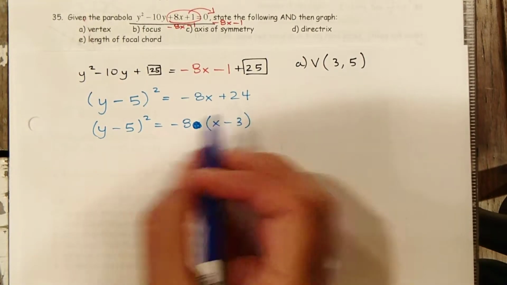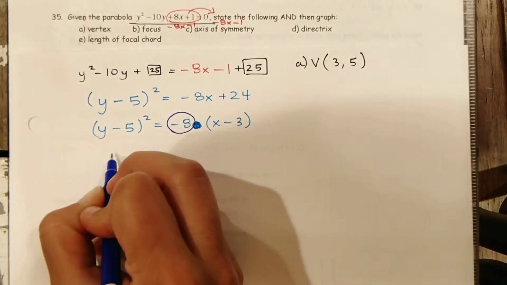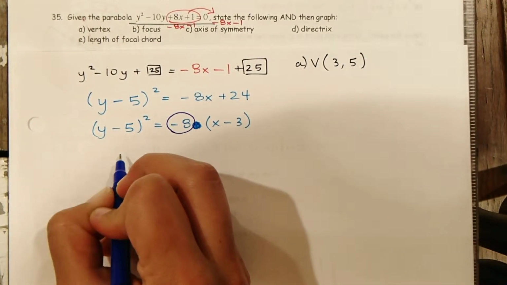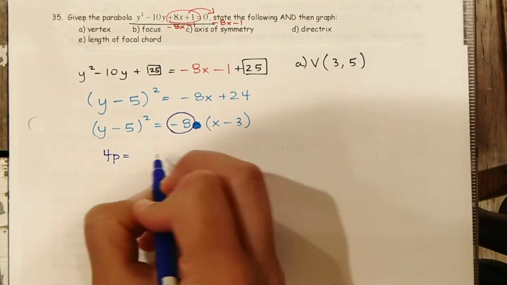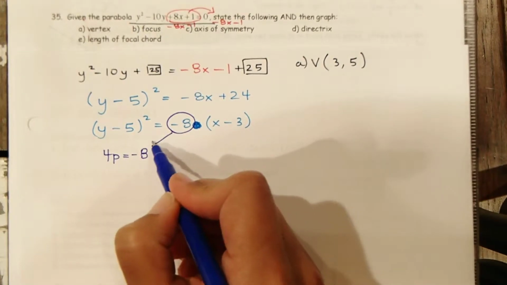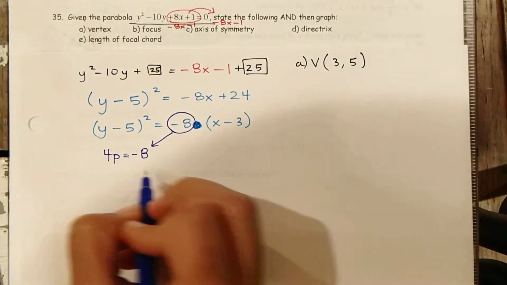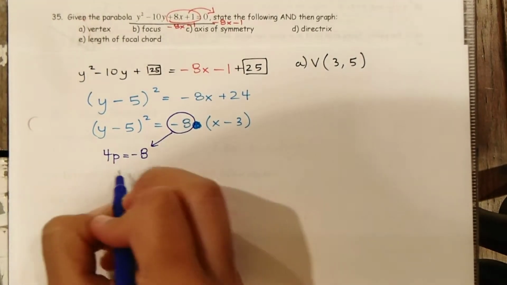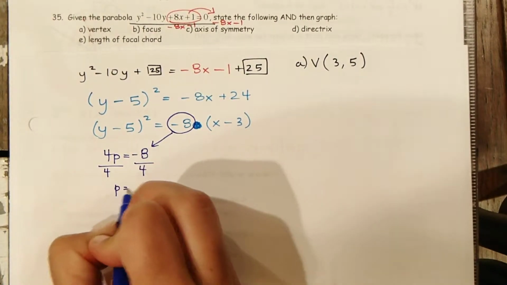The focus is found by taking this value and setting it equal to 4p, as it's called, equals negative 8. This value here is equivalent to 4p, whatever whoever thought of this called it. So we solve for p. P equals negative 2.